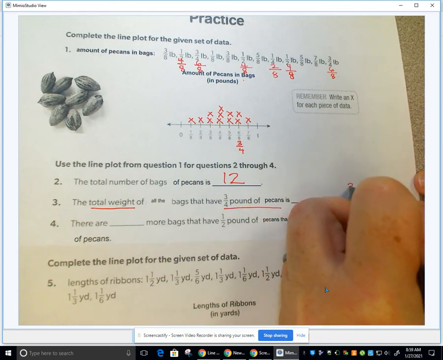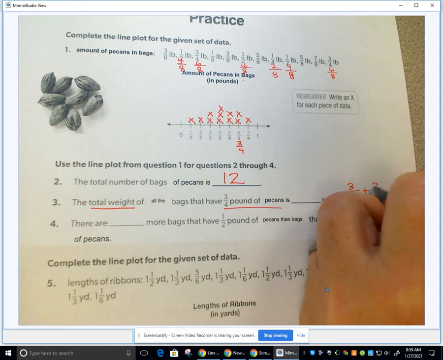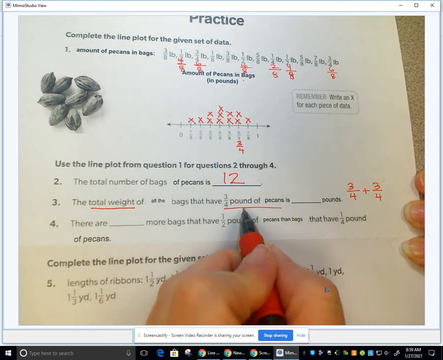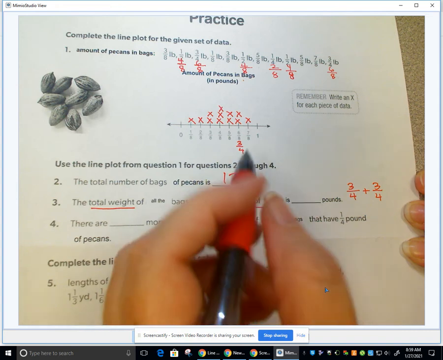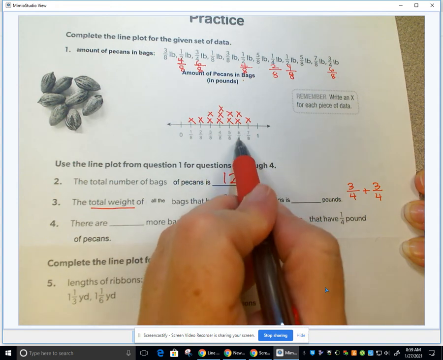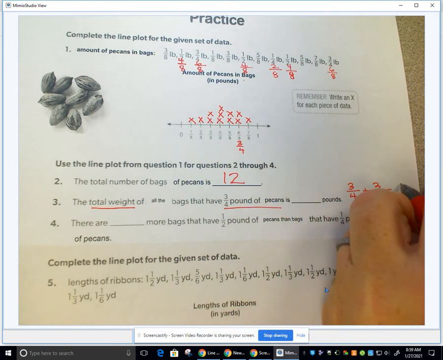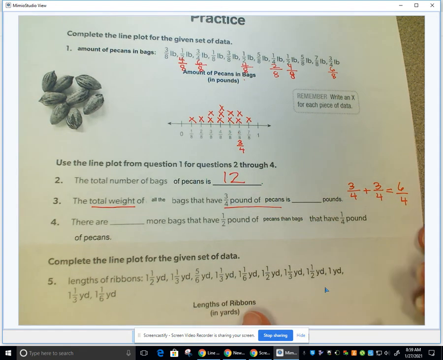So I would say 3/4 plus 3/4. I'm getting the total of all the bags that had 3/4. There were 2 X's above the fraction that was equivalent to 3/4. So I'm going to add that, and look what I get. I don't have to change my denominator. I'm good to go. I get 6/4.